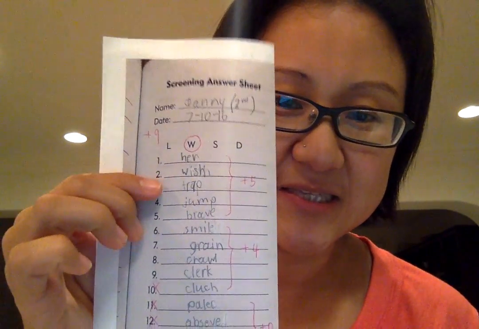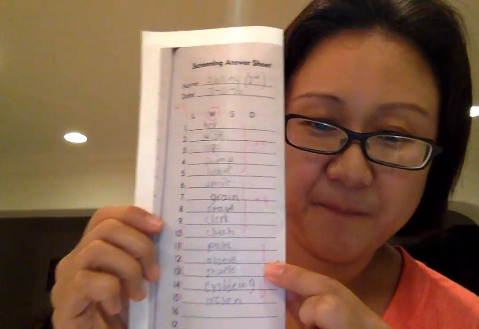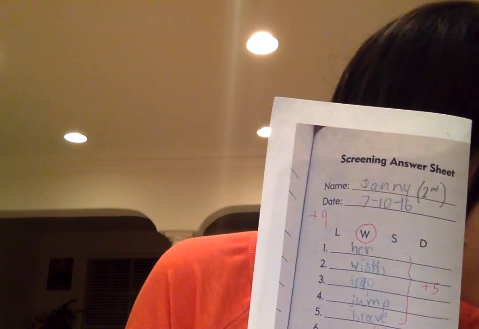I did this with Danny, and as you can see, the first 5 he did right, the second 5 he missed 1, and the third 5 became really challenging, and that's where I stopped. Then I analyzed and got the score, and he scored a 9. On page 56, 9 is within word.